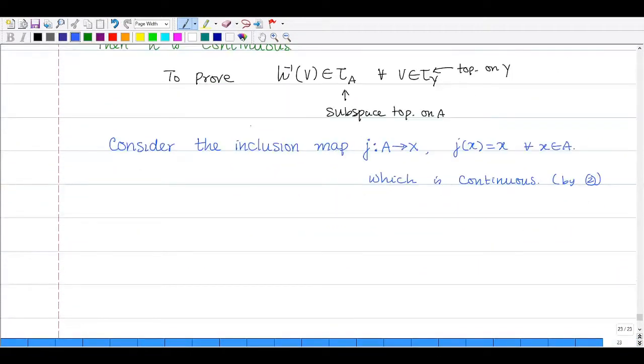Now we consider another function. f is a function from X to Y, which is continuous.